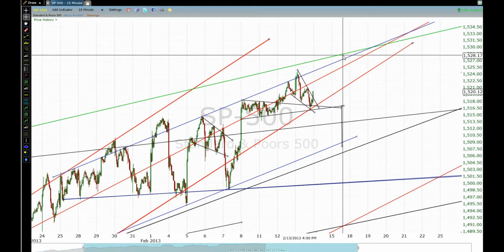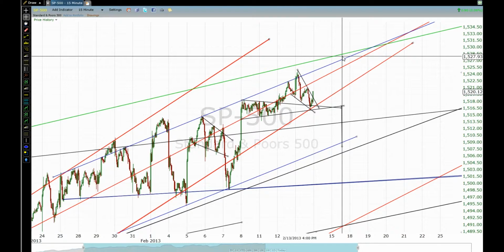But it kind of looks as if the S&P may have one last push to the upside before we see any signs of weakness. Just a thought, I don't know, but it'd be interesting to see with the S&P what happens in the next couple of days of trade, whether we will see any more strength or not.